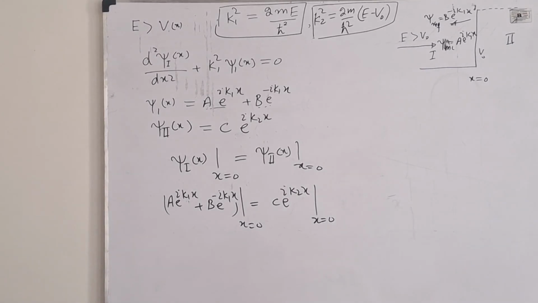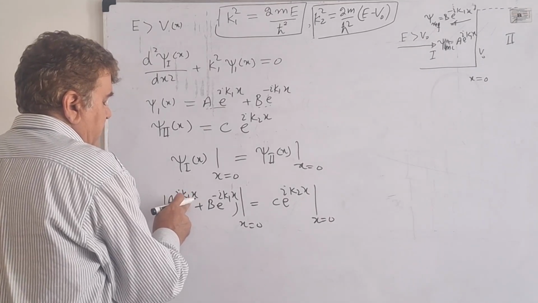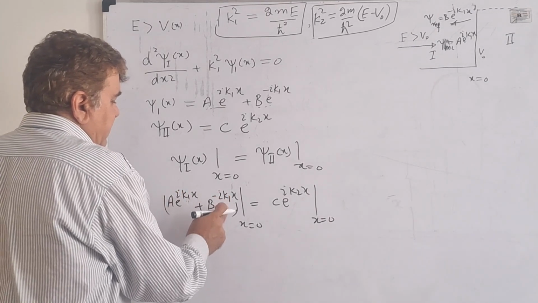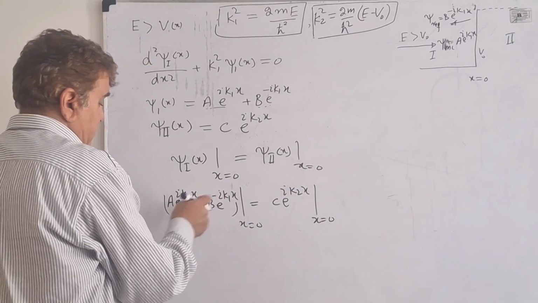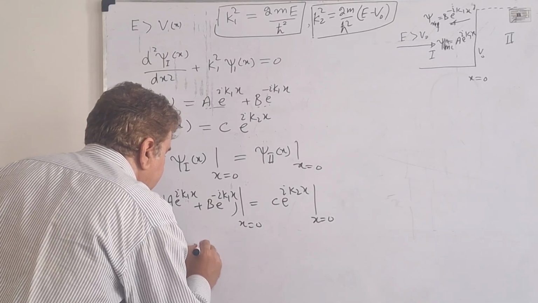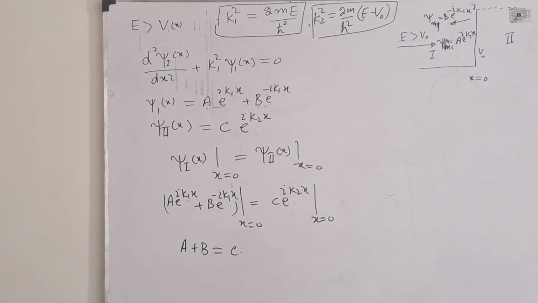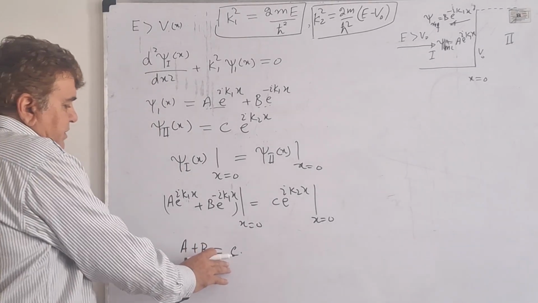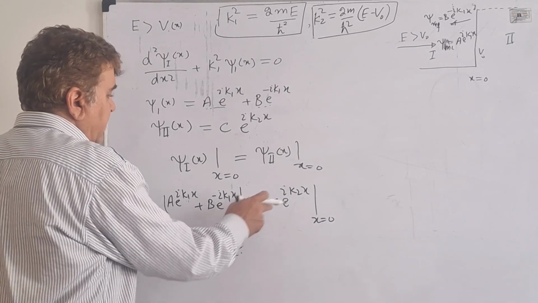Now if I put the value of position at the boundary, this exponent would give me 1, this exponent would give me 1, this exponent gives me 1 because x is 0. So I write this as A plus B equals C.